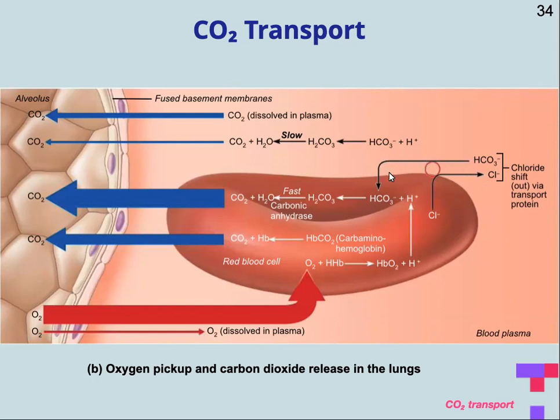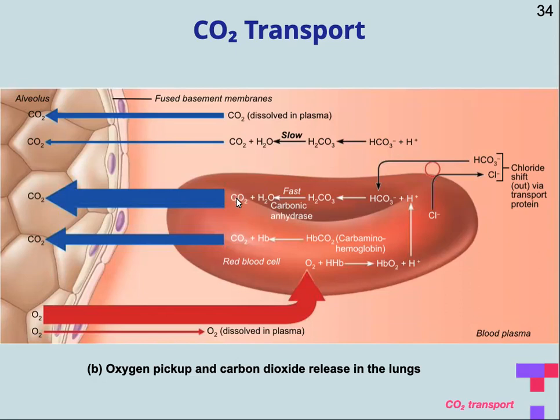Okay, and bicarbonate will then combine with hydrogen ion to create carbonic acid, which then gets converted to CO2 and H2O. And this process is also catalyzed by the enzyme carbonic anhydrase. So carbonic anhydrase reversibly and rapidly catalyzes this reaction in both directions.